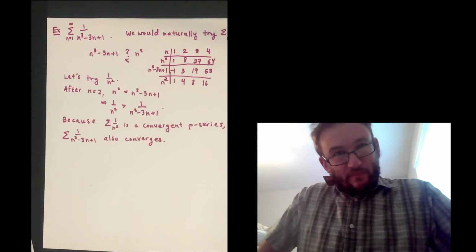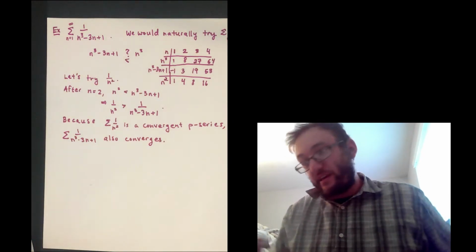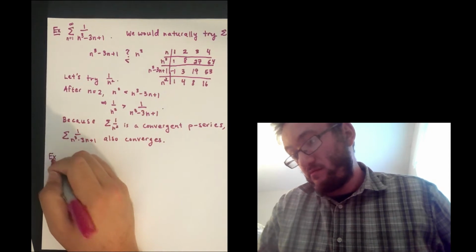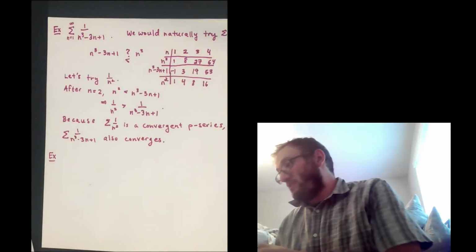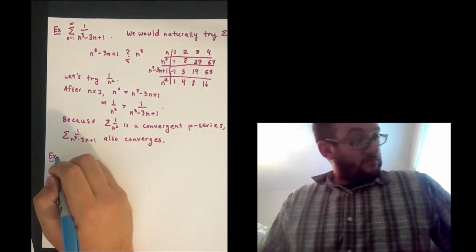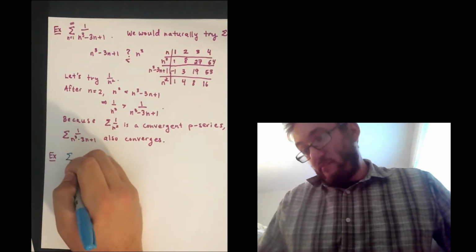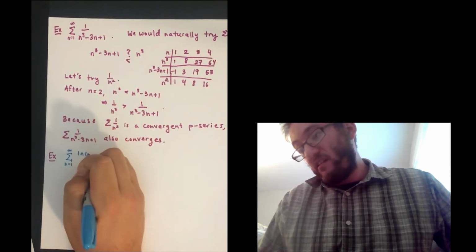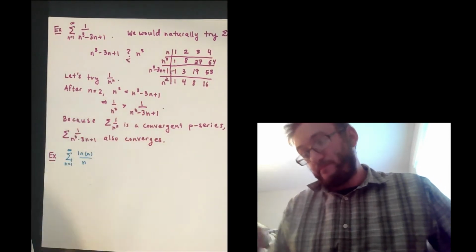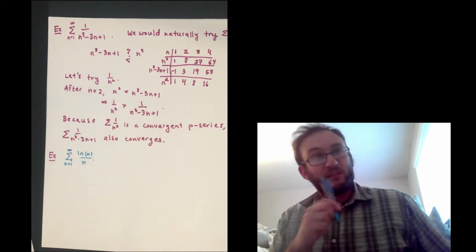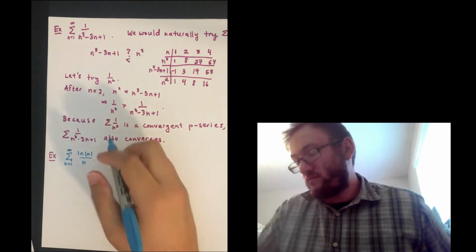Let's look at another example where it's not just algebraic expressions. Consider the sum from n equals 1 to infinity of ln of n over n. Let's look at the first few terms of this.